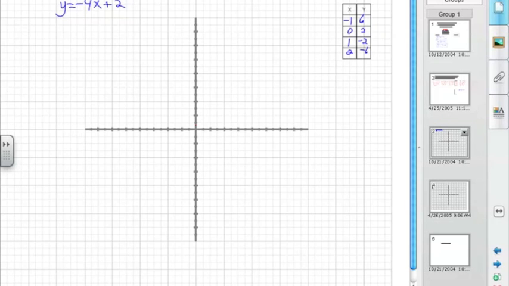So we go over to the graph to negative 1 and up to 6. 2, 4, 6, and we put a dot at negative 1, 6. The second dot goes at 0, 2. Go over to 0, up to 2, and we put the dot. The third dot is going to be at 1, negative 2, over to 1, down to negative 2. And the fourth dot goes at 2, negative 6.